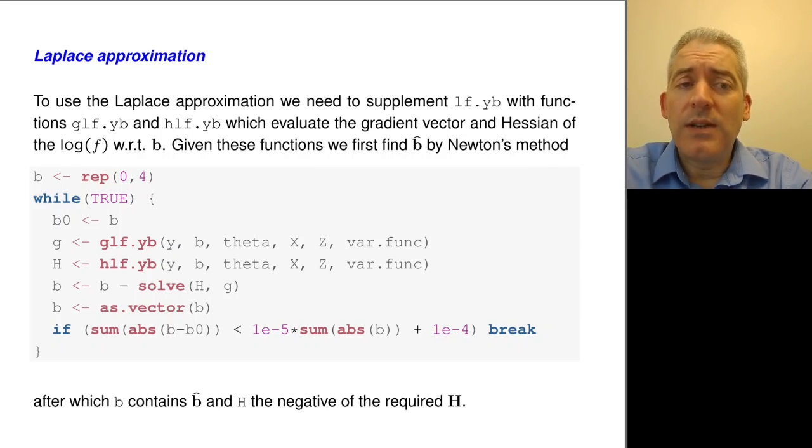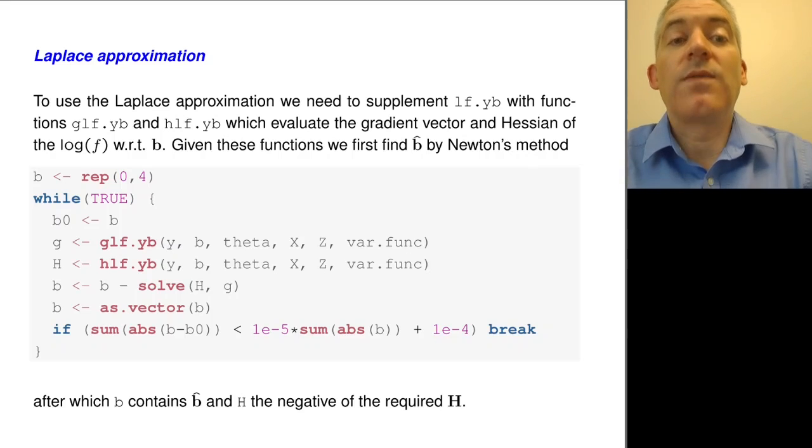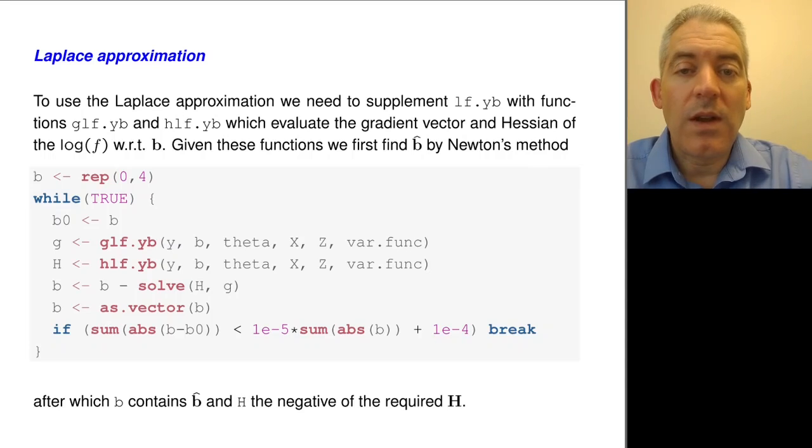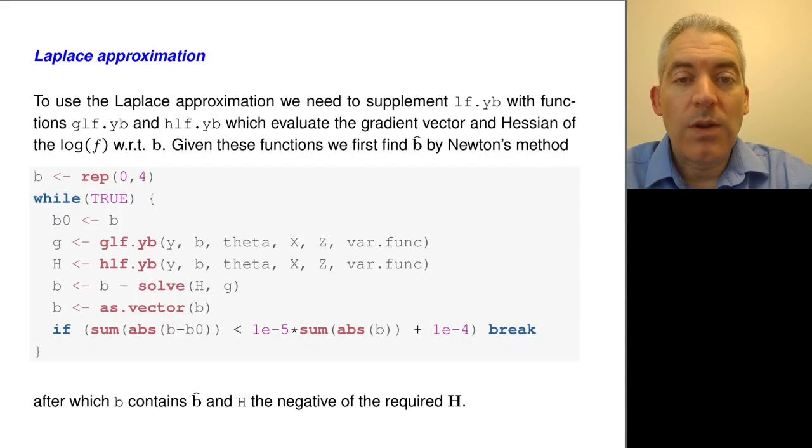We also need the gradient of the likelihood function and the Hessian. These functions are not explicitly in the slides and the notes, but they are hidden in the slides and the notes, and you can find them in the R code that is extracted from the notes. So if you're interested, have a look at those. Make sure you see where they come from and how they work.